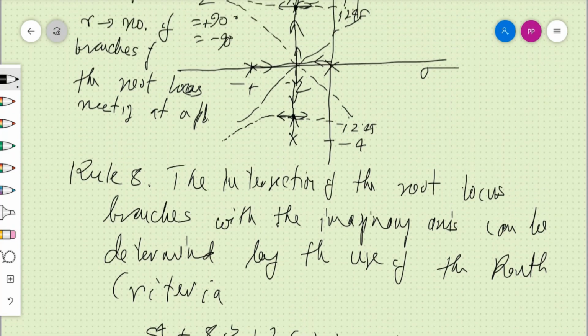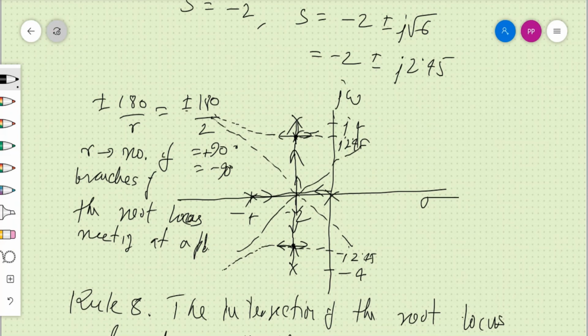This point on the imaginary axis is j 3.16, and here we have minus j 3.16.